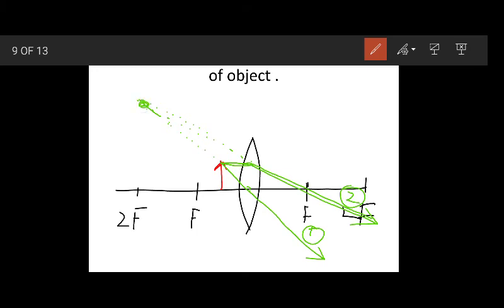So this is the virtual image. Here the virtual image will be formed.